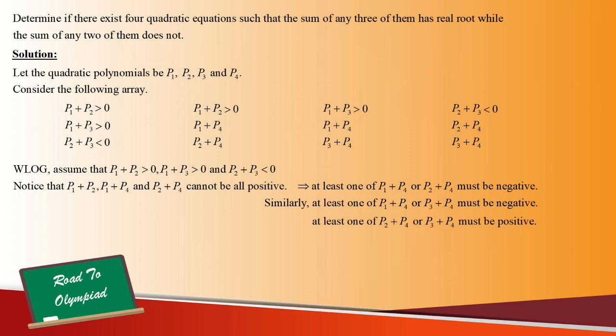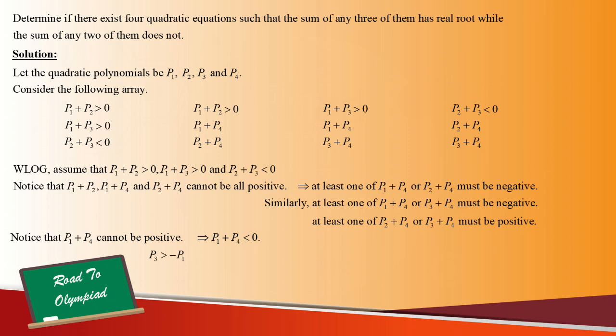We see that P1 plus P4 cannot be positive. Else, one of the second column or the third column will have all the entries to be positive, and thus the sum of the column is positive. Therefore, P1 plus P4 must be negative. Now, notice that from P1 plus P3 is positive, we have P3 must be greater than negative P1.